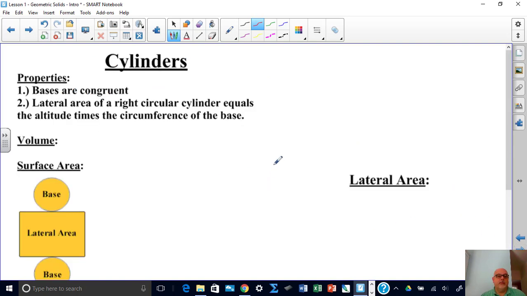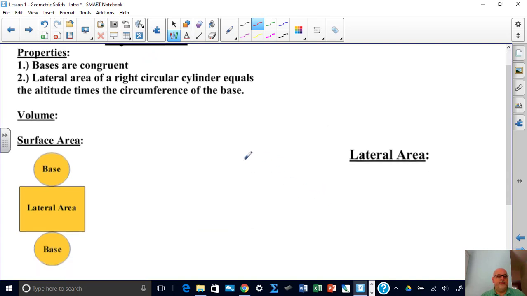A cylinder. Bases are congruent. The bases of a cylinder are circles. The lateral area is the altitude times the circumference of the base, because the lateral area forms the upright piece of the cylinder. So if we look at what a cylinder might look like, you have the top and the bottom and this.